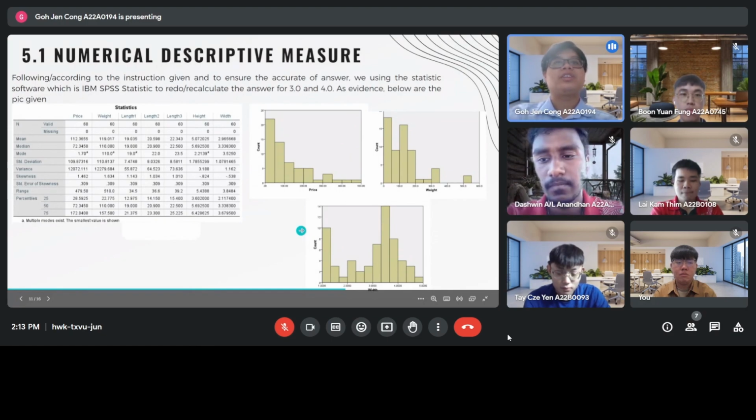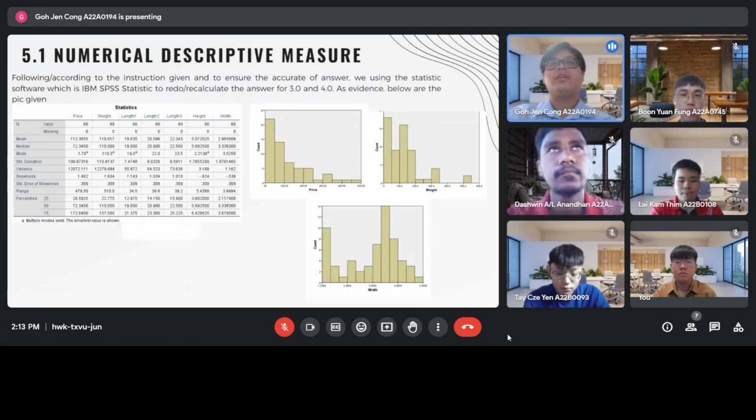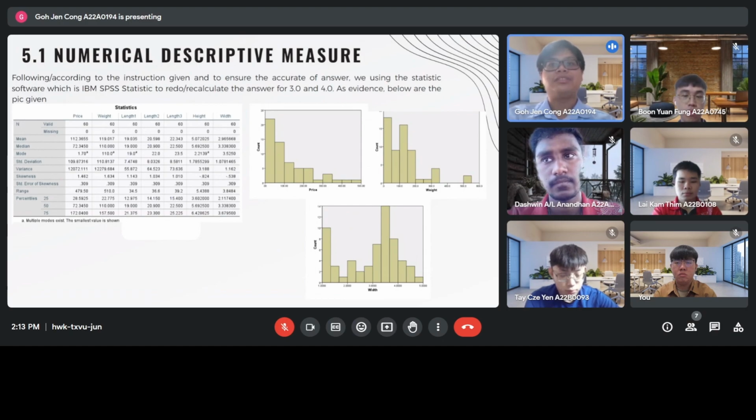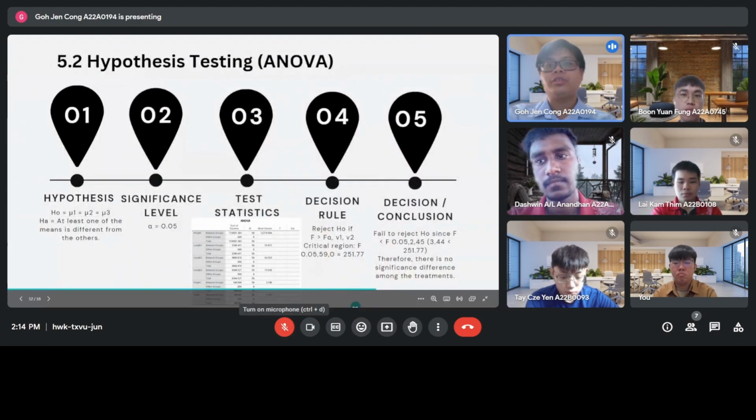According to the instruction given and to ensure the accuracy of the answers, we use the statistics software, which is IBM SPSS Statistics, to redo and also recalculate the answers for 3.0 and 4.0. As evidence, below are the pictures given. These pictures are the conclusion for our answers when we redo the answers for 3.0 and 4.0. And next, I will pass to Chong Shui to complete his presentation, please.